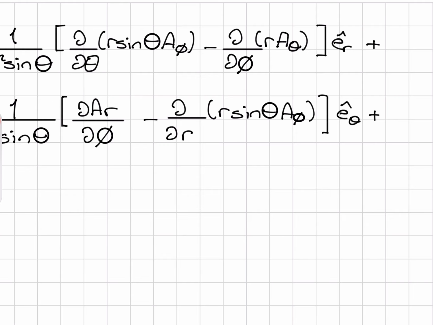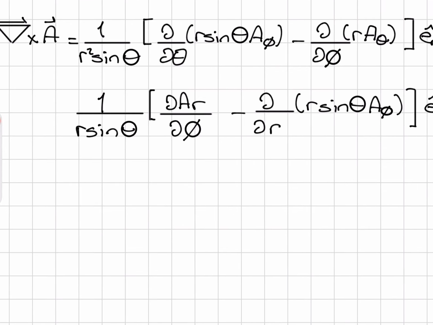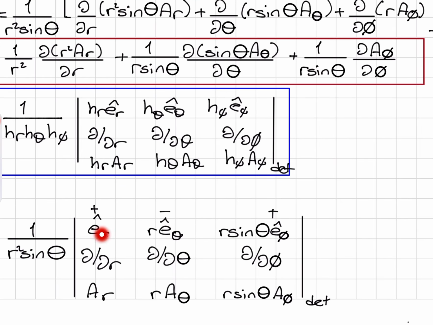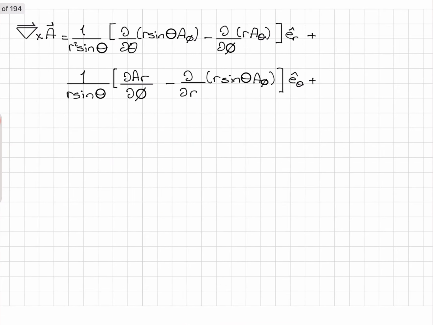So I've taken care of the r e_theta hat by canceling this r. And the last term is r sin theta e_phi hat times ∂/∂r of r A_theta minus ∂A_r/∂theta. So r sin theta will get rid of this r sin theta and leave me just an r.